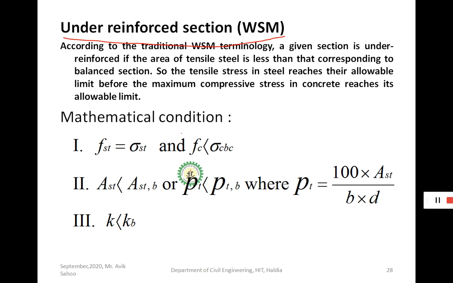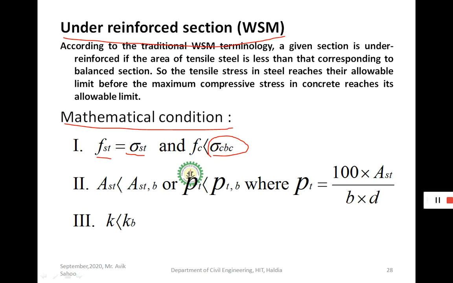Again I write the mathematical condition. The stress of steel is equal to the permissible stress of steel, whereas the maximum stress of concrete does not reach the allowable stress of concrete before bending.